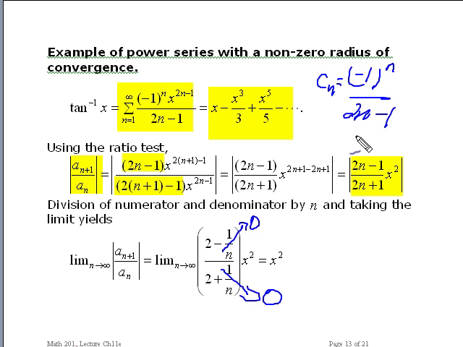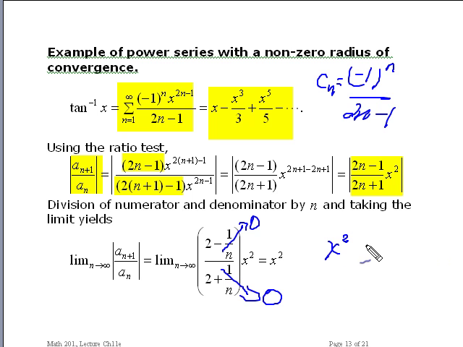And there were 3 scenarios again for that ratio test. If that limit is greater than 1, the series diverges. If it equals 1, then it's an inconclusive test, and if it's less than 1, then the series converges. So we have to look at these 3 cases.